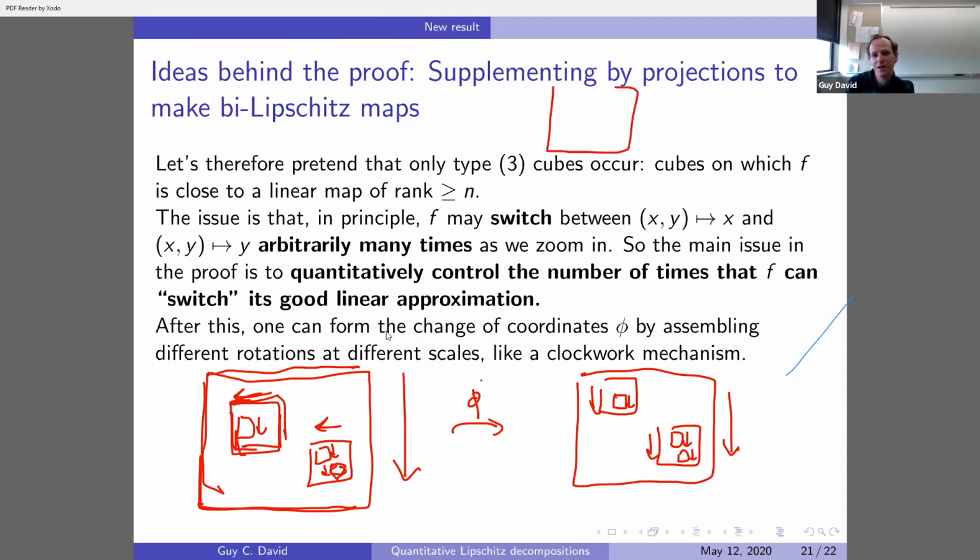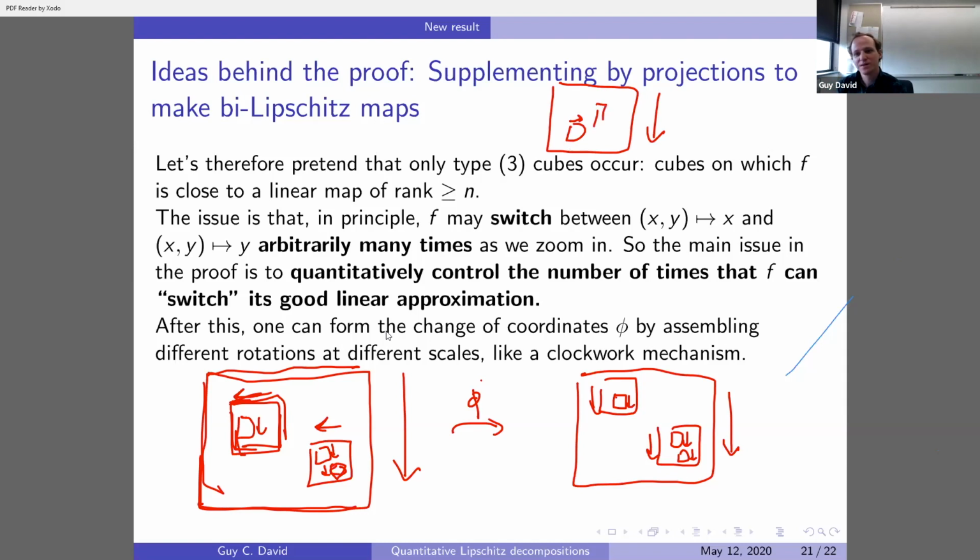Suppose you're at some scale and your mapping looks like a downward projection at that scale. So up to error epsilon, your mapping looks like the projection to the x-axis. You can show that there could be some smaller cubes on which your mapping looks like a sideways projection.